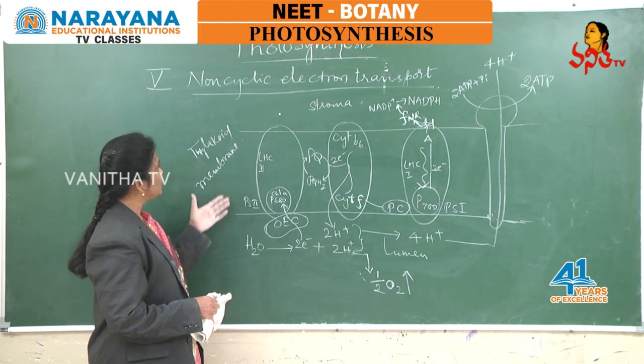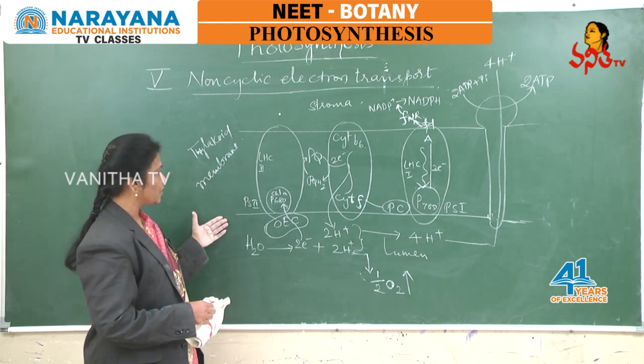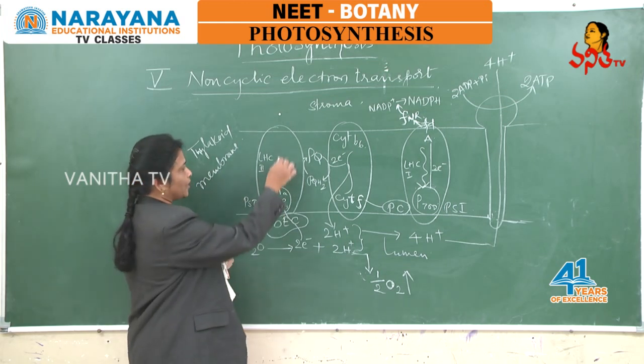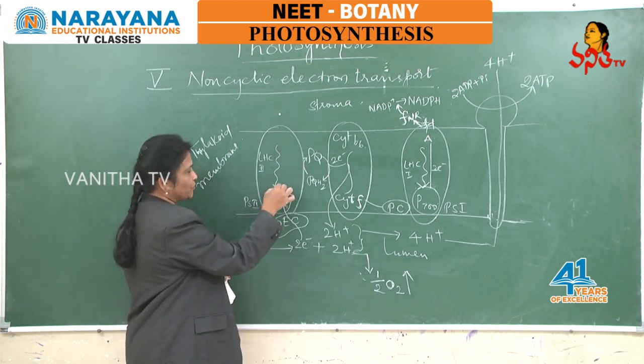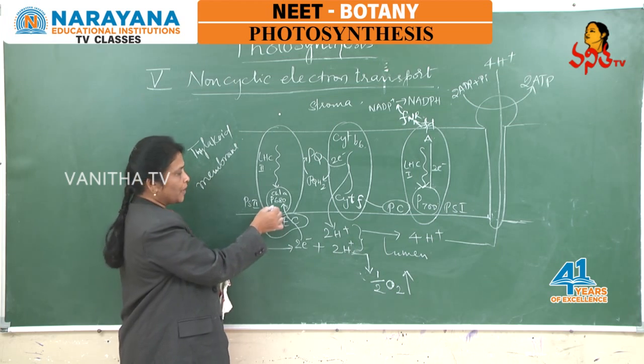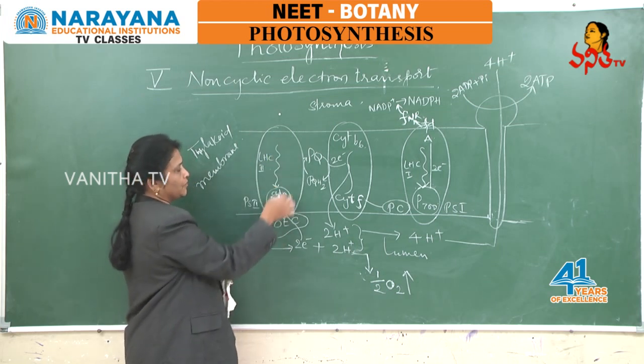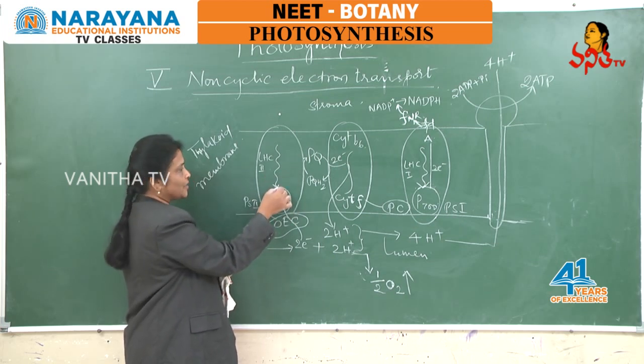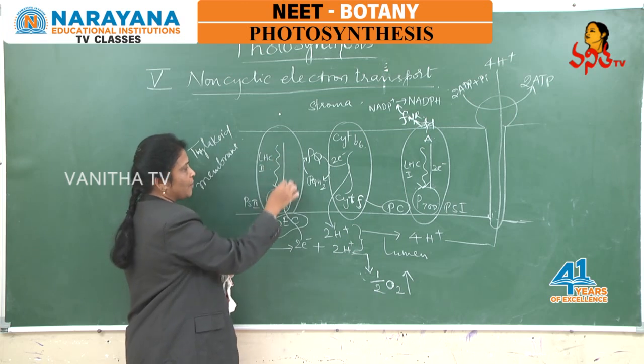Now, as we follow the steps involved in non-cyclic electron transport, the first step is excitation of the chlorophyll A molecule of PS2, that is the reaction center pigment P680. In presence of sunlight, the chlorophyll A of P680 absorbs sunlight, gets excited and liberates a pair of electrons.